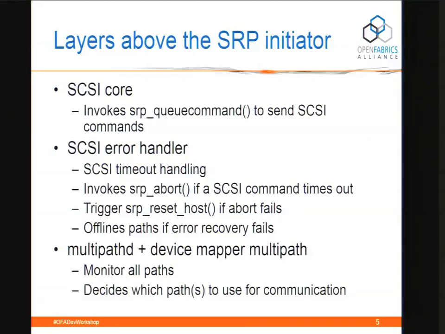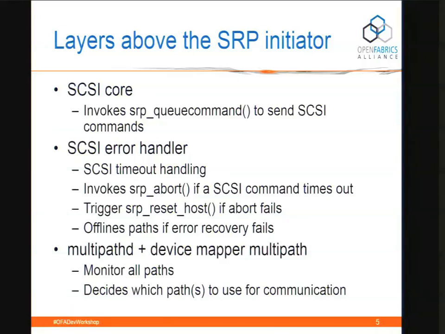The layers above the SRP Initiator are the SCSI core, that calls the SRP driver itself to send SCSI commands. We have the SCSI error handler. If a cable is pulled, for example, the SCSI error handler kicks in. And if a command took too long, a timeout will be triggered.